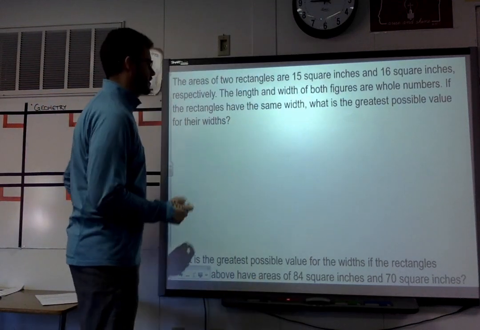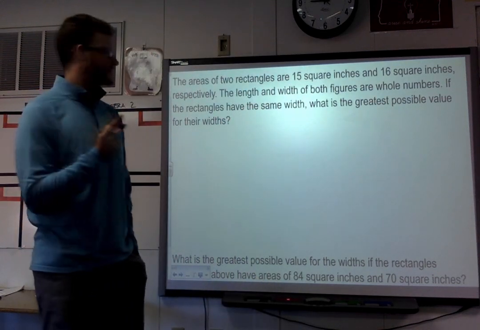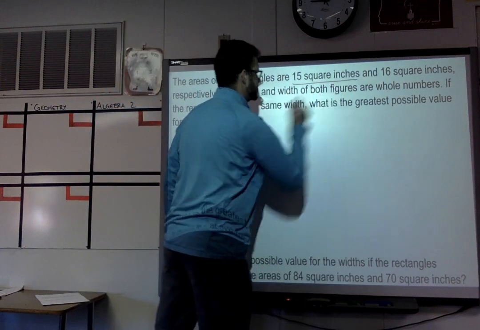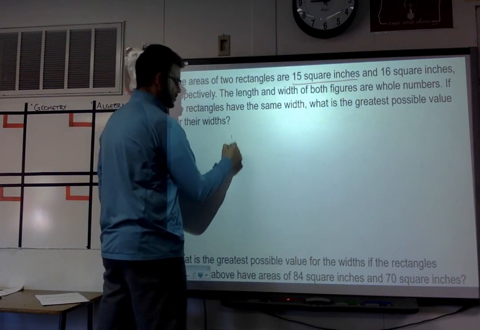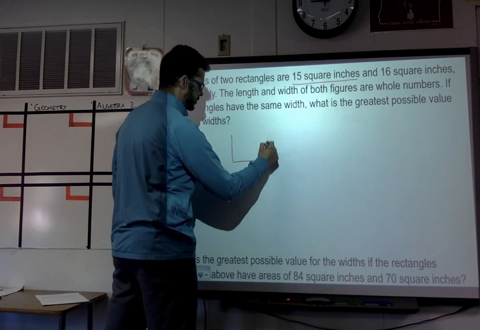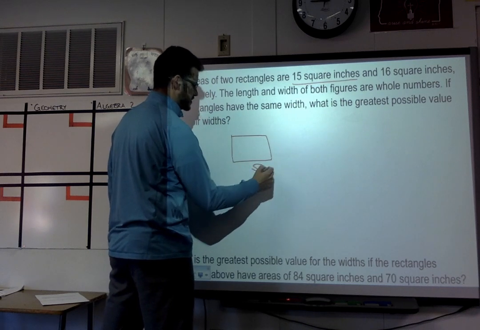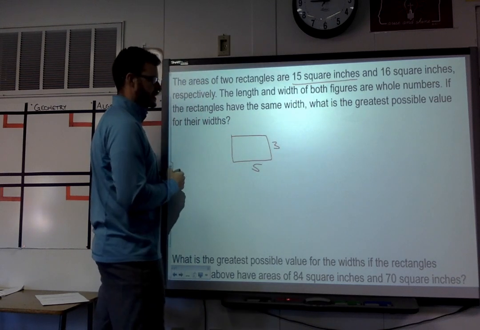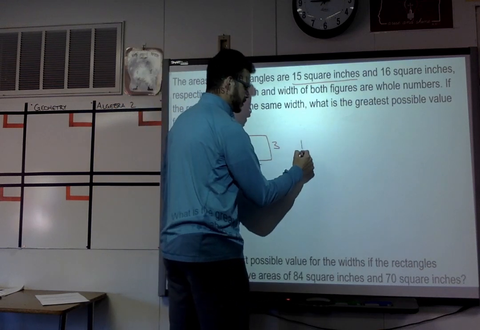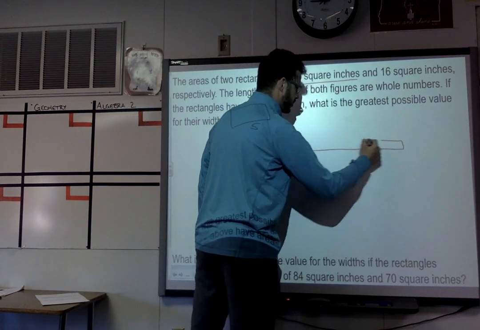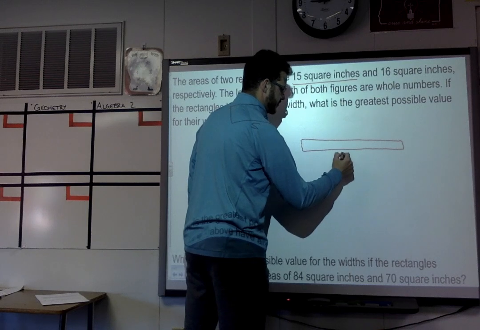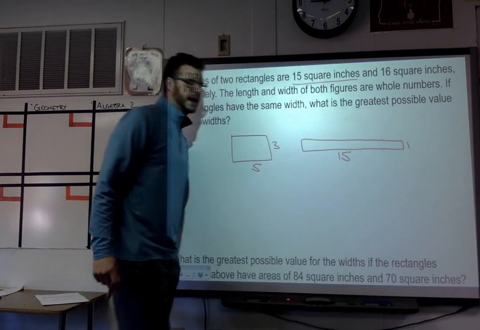So if we think of this, we have one rectangle that has an area of 15 square inches. So we could have a rectangle that's 5 inches by 3 inches, or we could have a rectangle that's 15 inches by 1 inch.